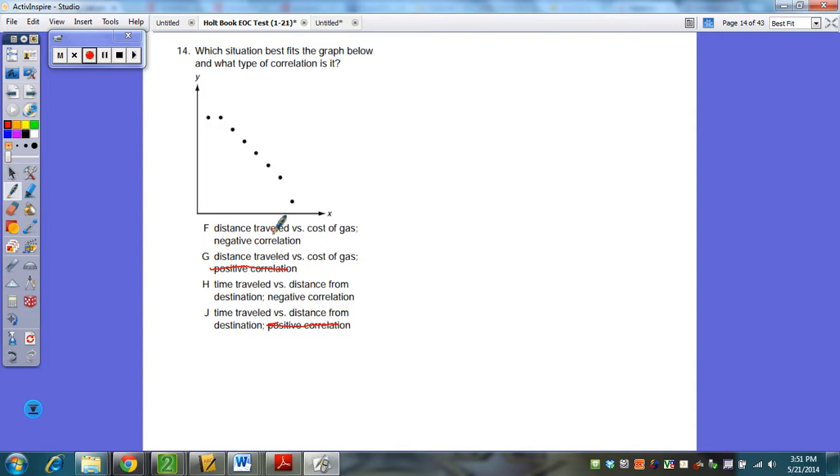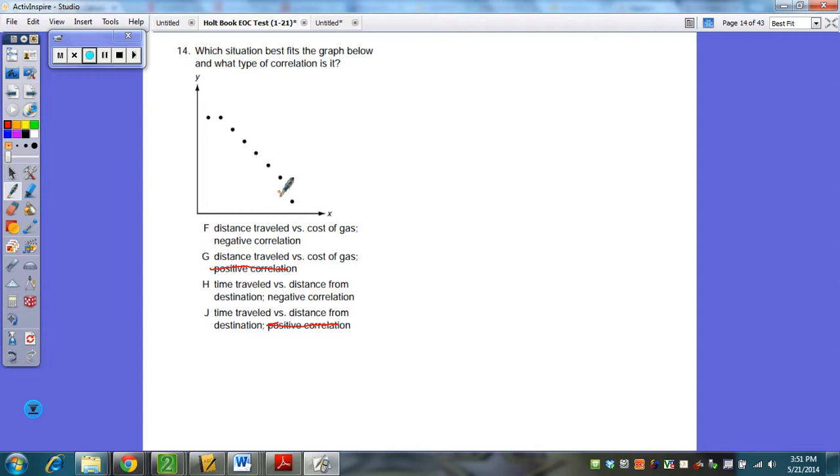The distance traveled versus the cost of gas. Now again, if we just think about negative correlation, one has to do with the other. So if my distance increases, does my gas decrease?